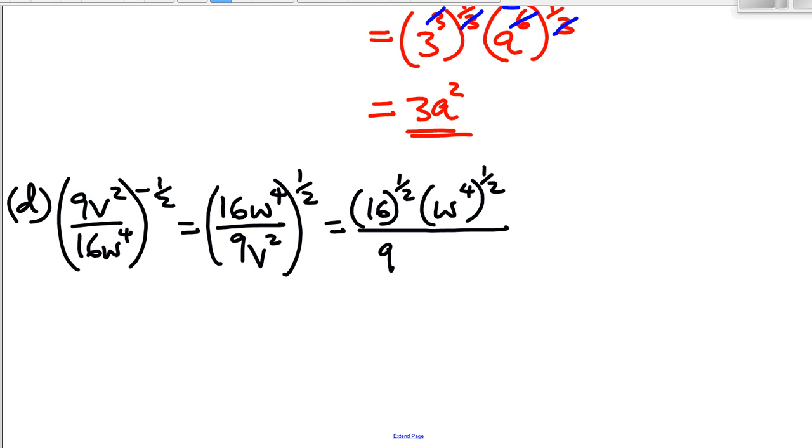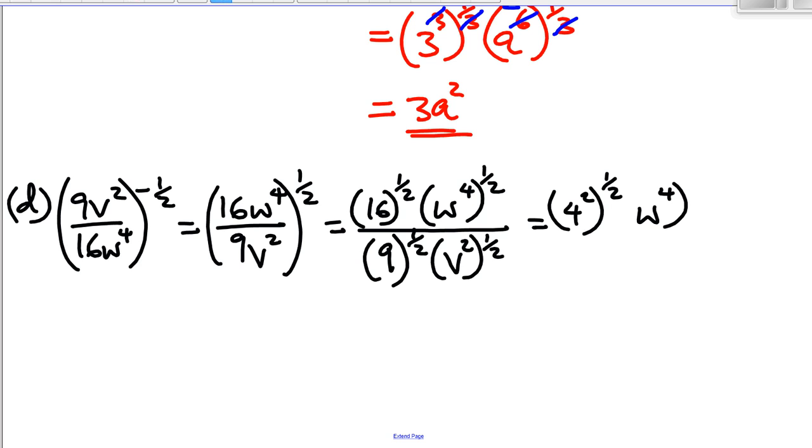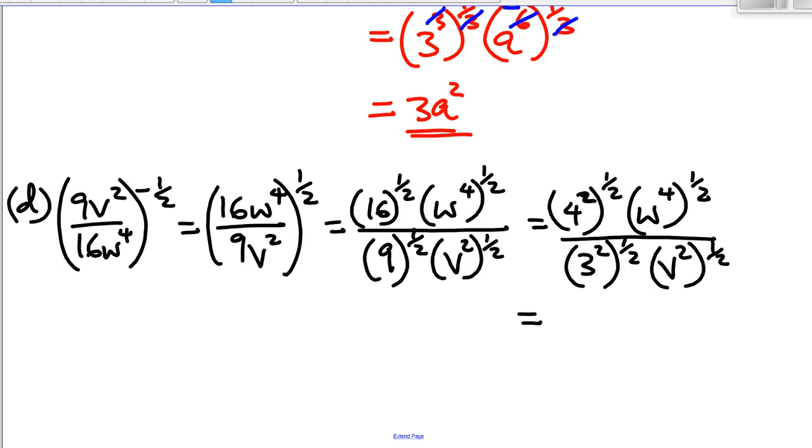over 9 to power a half, b squared to power a half. So you can write this as 4 squared to power a half, w to power 4 to power a half, over 3 squared to power a half, b squared to power a half, which gives you, actually that and that cancel, this and this cancel to give you 2, that and that gone.